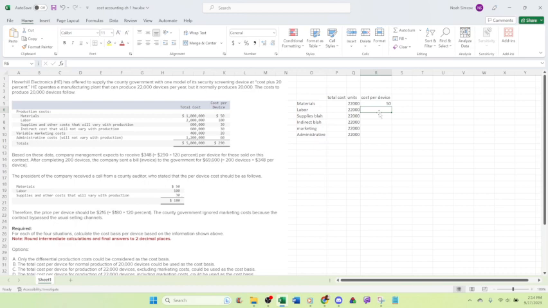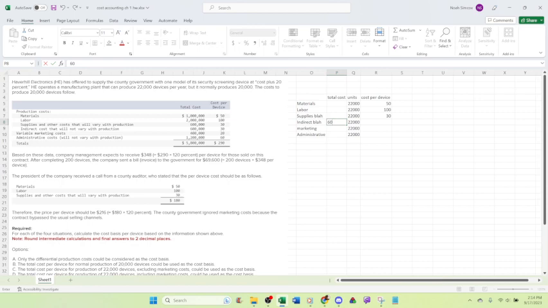Labor is variable, so the cost per device will not change, and the total cost will change. Supplies is variable. It's so weird how this works. It's like exactly reversed. The logic is reversed. This will not vary with production. Therefore, the indirect cost is going to stay at 600,000.